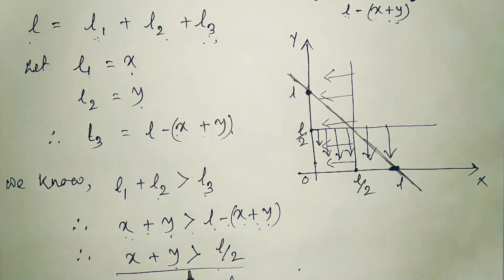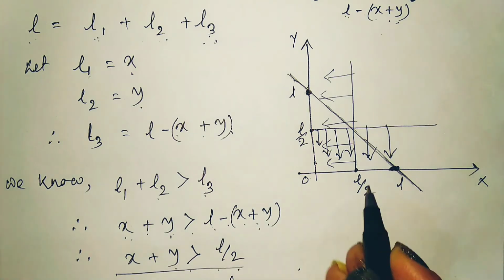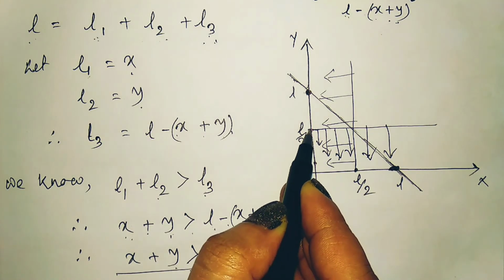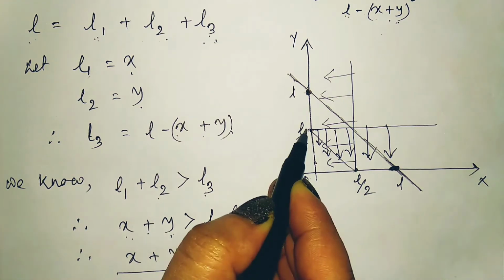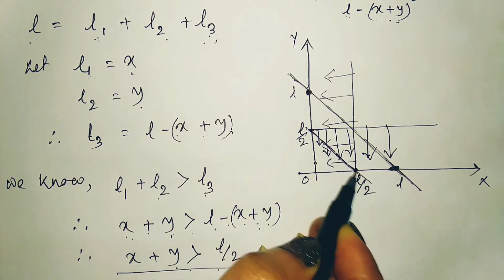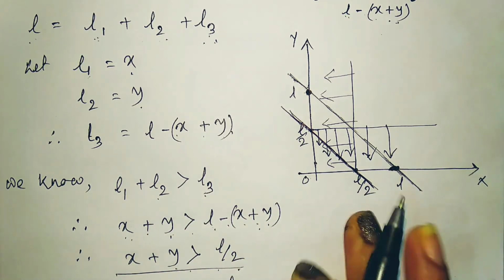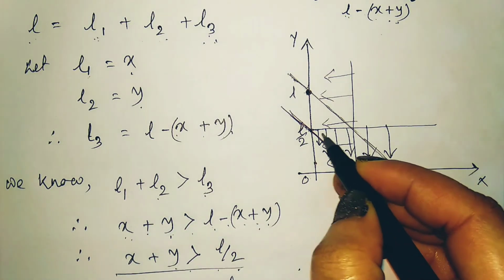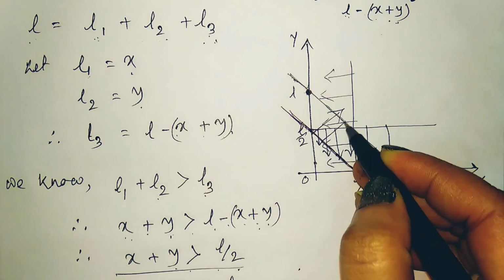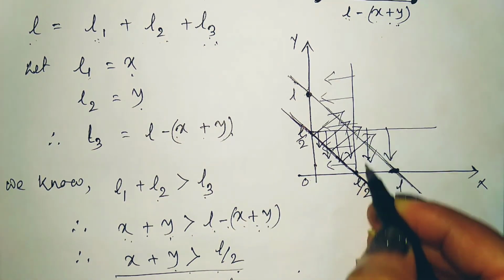Again, one more, x plus y is greater than L by 2. So x plus y means this straight line. If we join these 2 points, then we will find the straight line. This one is the x plus y line. This one is greater than L by 2, so this direction is always this way.